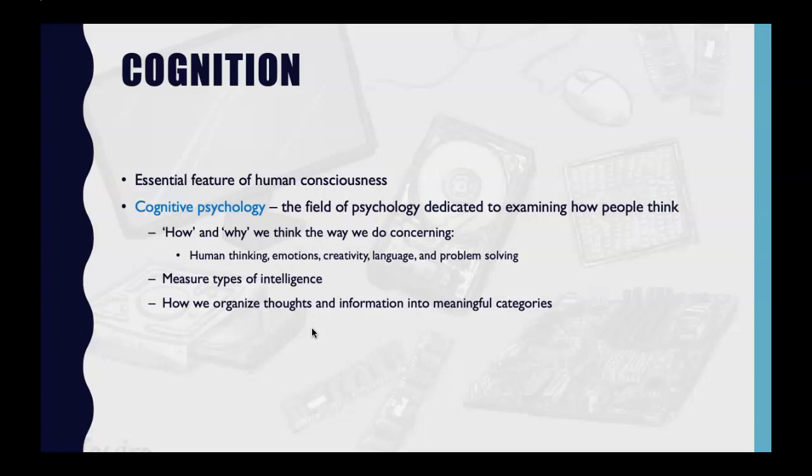Cognitive psychology is defined as the field of psychology dedicated to examining how people think. So we're going to look at how and why we think the way we do. Thinking about our thinking is simply called metacognition. We're reflecting on why I thought about that when I was presented with this information. It's catching yourself and calling yourself out on those little details.